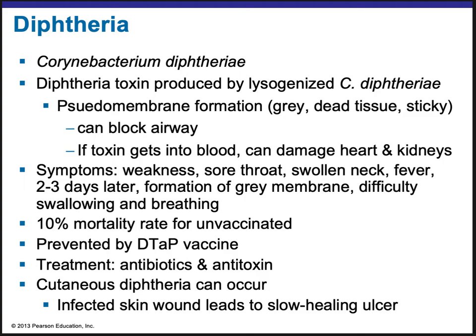Sore throat, fever, congestion, these things are all normal. People are not rushing to the doctor with these symptoms. So until the formation of the gray membrane and it becomes very, very difficult to breathe, the children wouldn't even typically be seen by a doctor, right? So it's very unlikely that anyone would receive treatment in time.